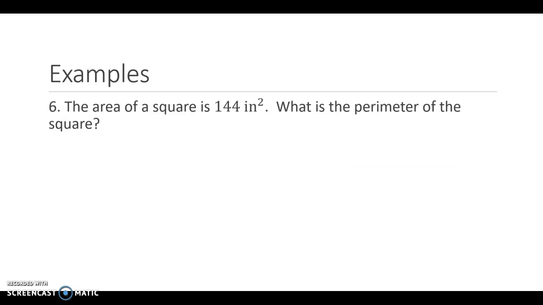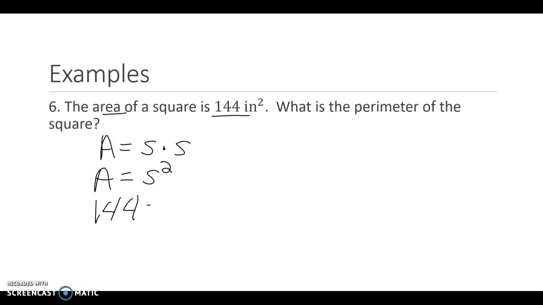All right, now let's actually look at some squares and rectangles. So here we are given the area of a square. So area of a square is side times side, or side squared. So they give me that the area is 144.